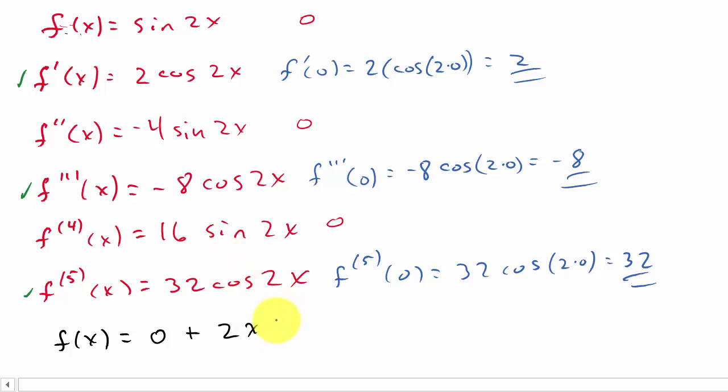So that's 2x plus, and then f double prime is 0, plus, that's going to be negative 8.